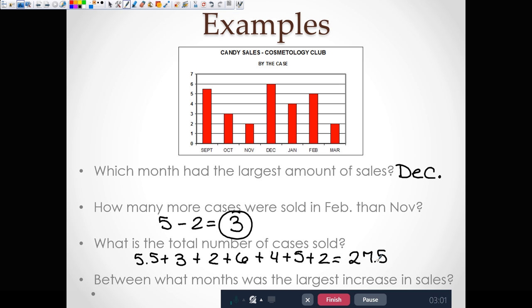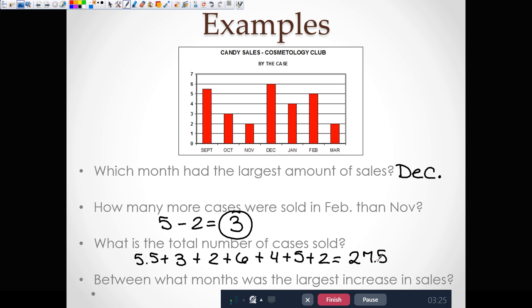And then it says, between which months was the largest increase in sale? So we're looking for increase in sale. So between September and October, we had a decrease. Between October and November, again, a decrease. November and December, we had an increase. In January and February, we had an increase. But which one's larger, between November and December or January and February?